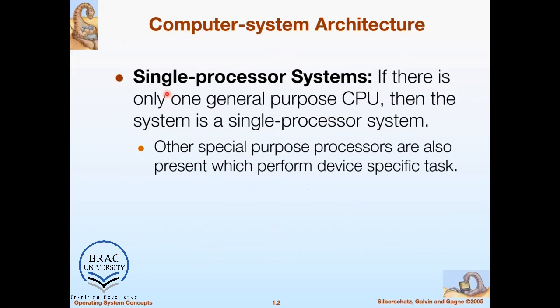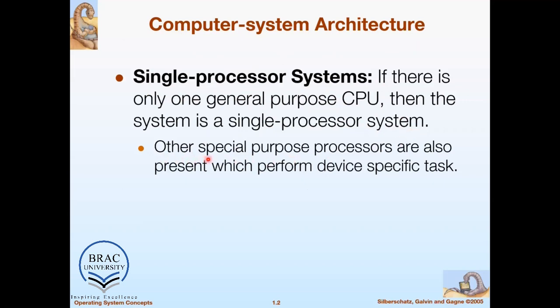Now we will discuss computer system architecture, or mainly the types of computer systems based on the number of general purpose processors. First is the single processor system. From the name, we can understand that if there is only one general purpose CPU, then the system is a single processor system. That means one main CPU capable of executing a general purpose instruction set, including instructions from user processes.